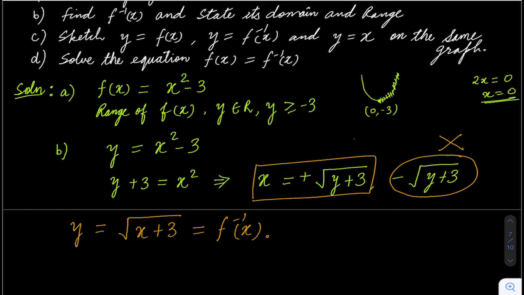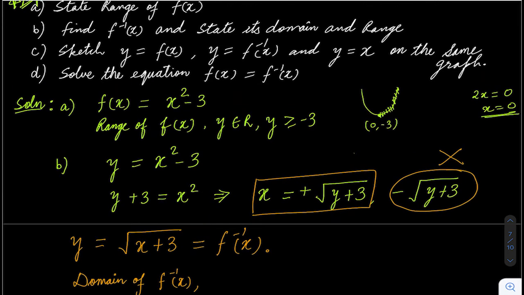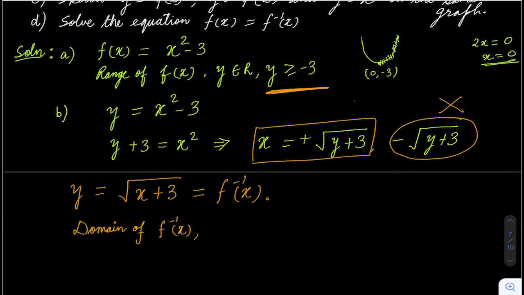Okay, they are saying state its domain and range. We discussed this in the last lecture also. Domain of f inverse x is actually the range of f(x) that we already found. I think range of f(x) is this, y is greater than or equal to -3. So what's my answer? x is greater than or equal to -3, and x is a real number.